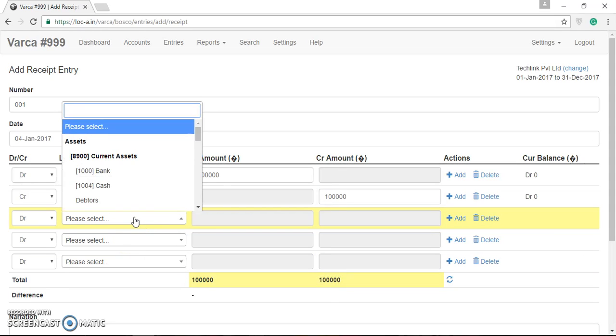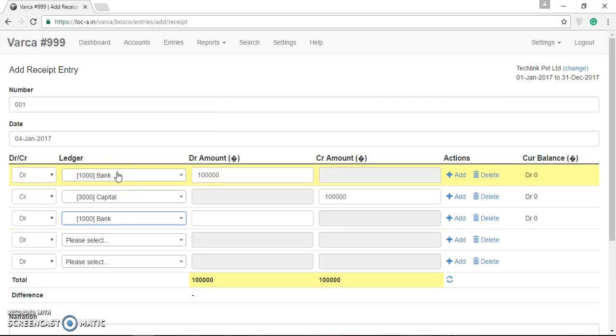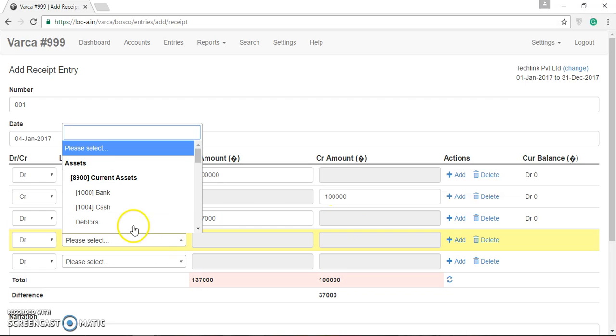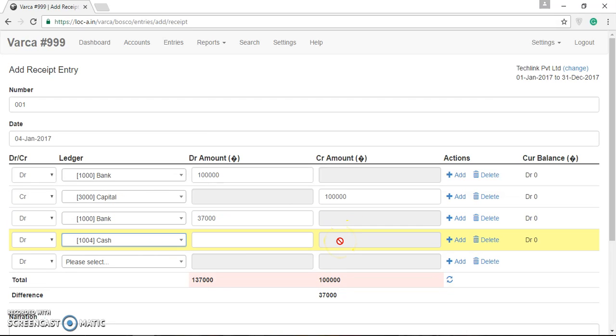So I will make another entry, bank account, $1,000 to cash account, so let us keep it to that for this particular day.